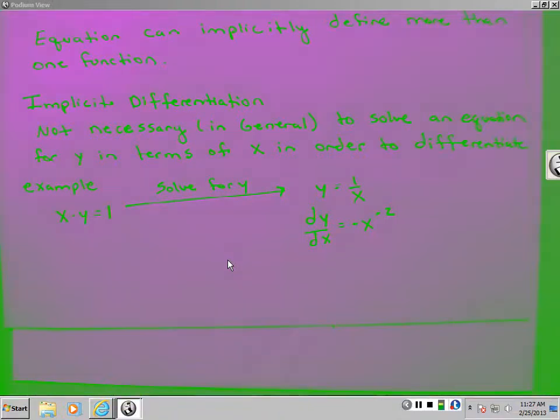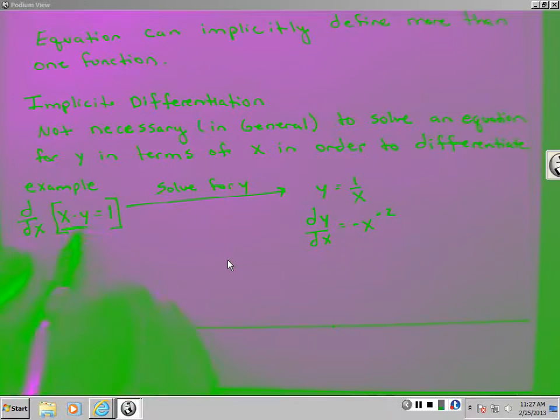So implicit differentiation, I'm going to differentiate this relationship with respect to x. So that tells me the derivative of x is going to be with respect to x. The derivative of y is what we want to find, the derivative of y with respect to x. So this term, x times y, that's a product rule.